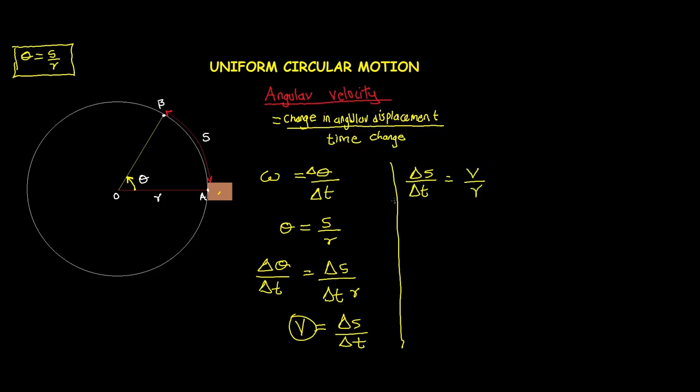This one is angular velocity because we had defined angular velocity as the rate of change of angular displacement against time. And we had said that angular velocity is represented with an omega. So omega is equal to v divided by r. And this is our second equation.